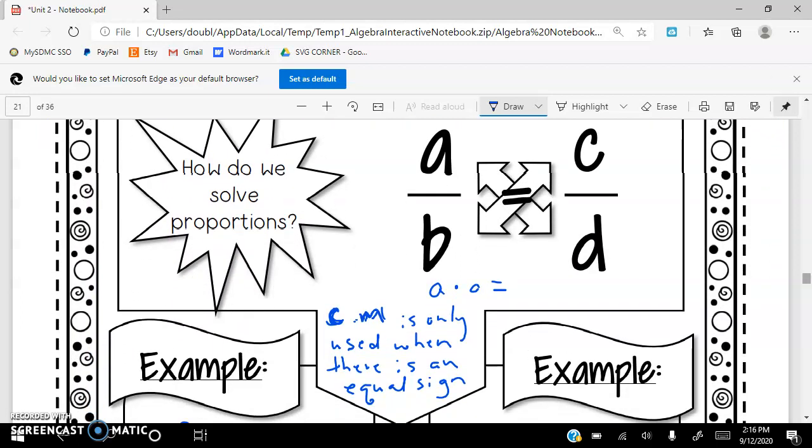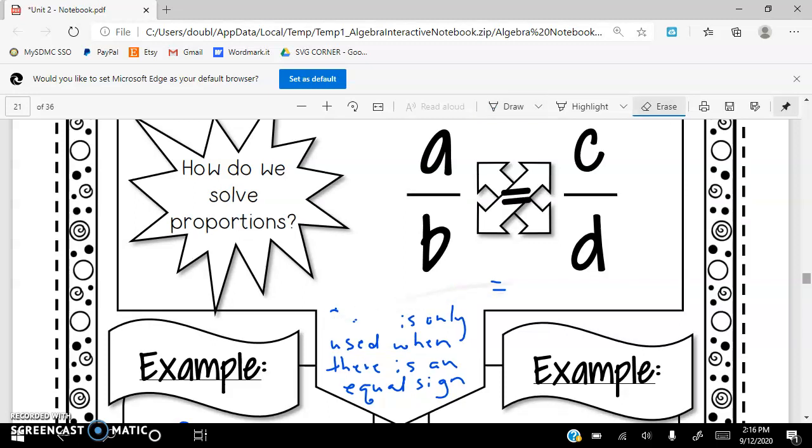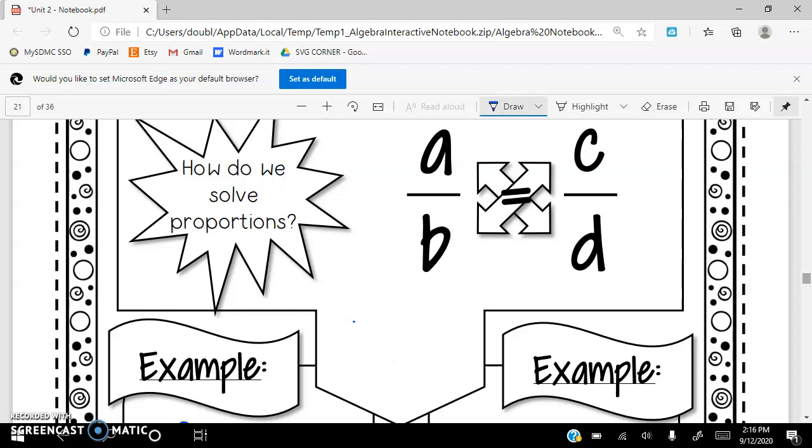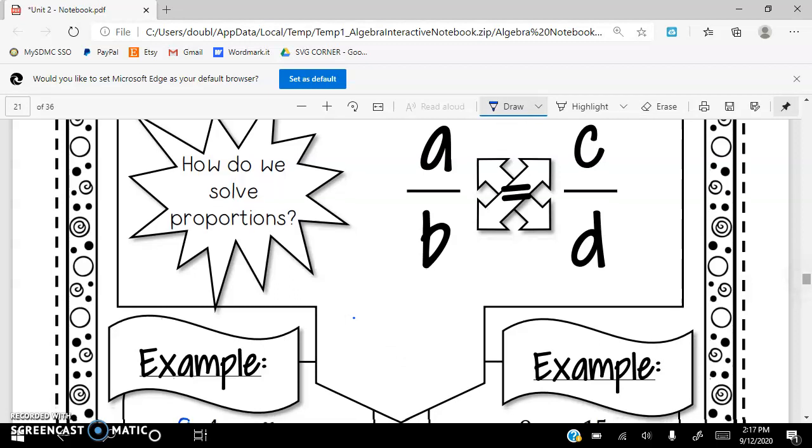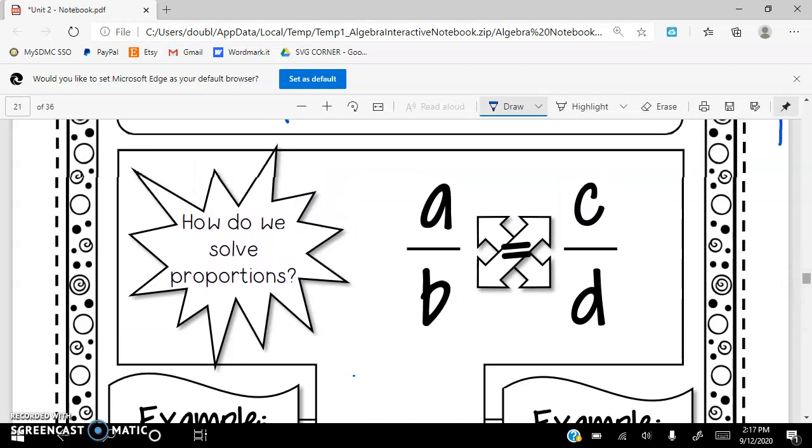So, how do we solve proportions? Let me erase what I have in the middle. So, how do we solve proportions? We solve proportions again by cross multiplying. And this is a diagram of how to cross multiply.